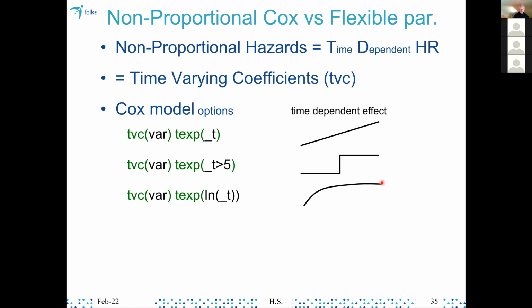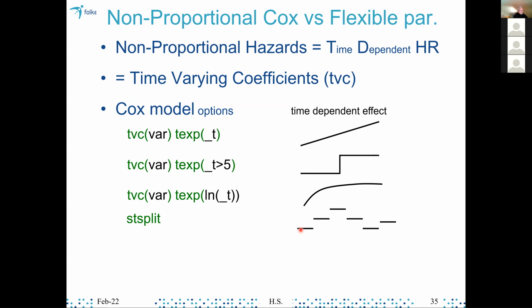And if you're not satisfied with this, you can use an st-split command, where you split the analysis time up in small segments. And in each segment, you assume a proportional hazards model, that is a constant effect. So we would get something like this. Here I've split everything up into 6 segments.